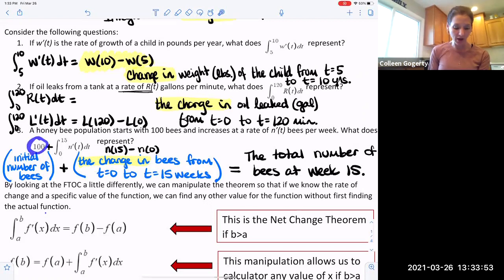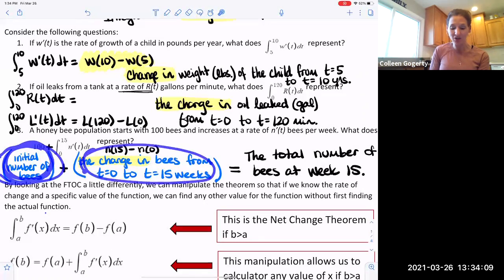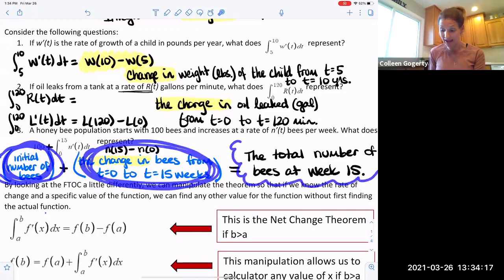Now the new part is 100. Well, what does it mean that they're adding it on? It's the initial number of bees that the population started with. So in this problem, we have the initial number of bees that were in this population. Then we're adding to it the change in the number of bees from 0 to 15 weeks. So in all, what we have in the end is the total number of bees at week 15.